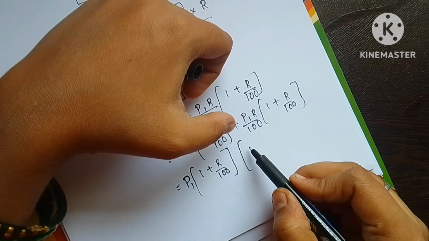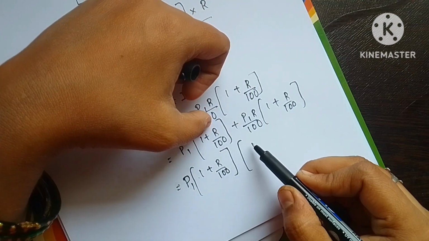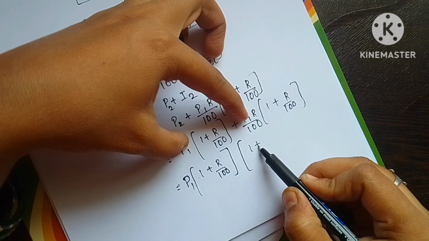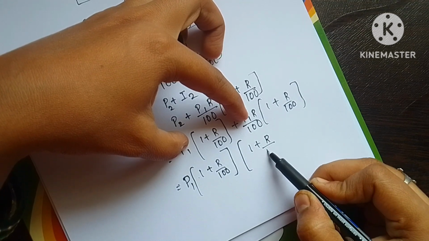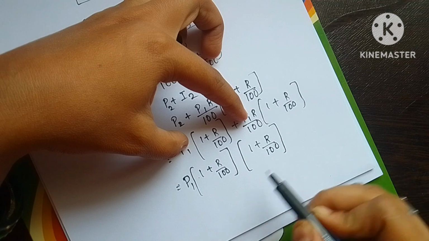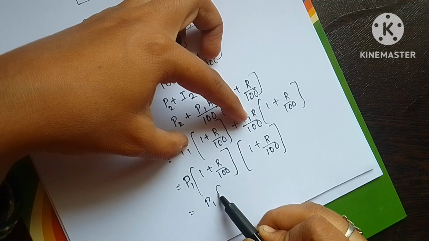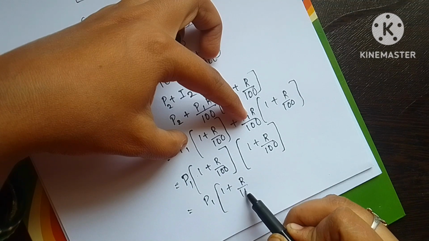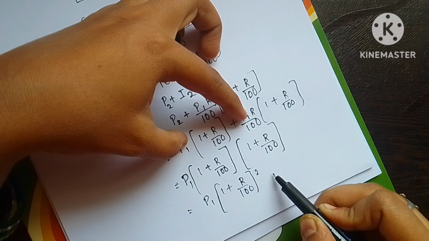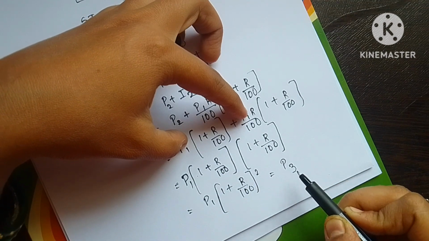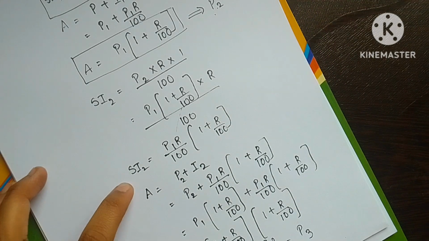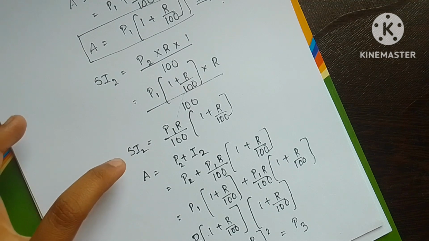So what will be left? 1 plus R by 100. So P1 into 1 plus R by 100 whole square is equal to P3. Again I will explain, see. I think up to here it will be understood.